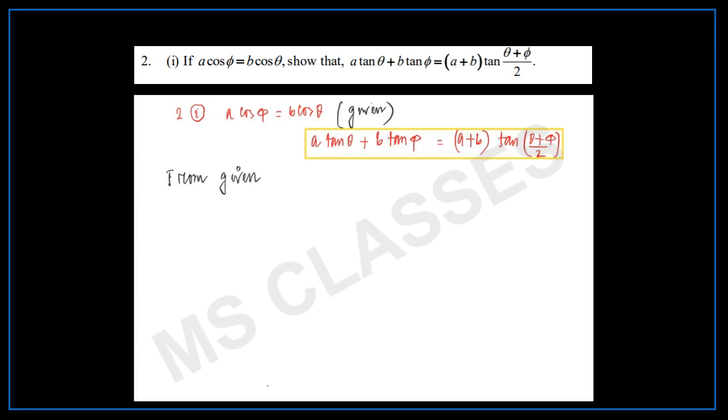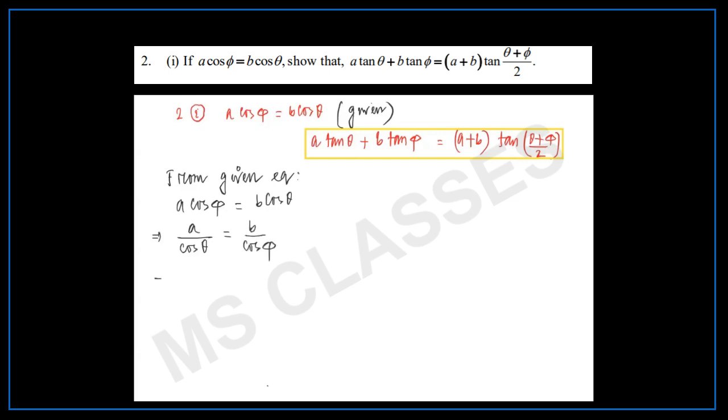From the given equation, what we have? A cos phi equals B cos theta, which can be written as A by cos theta equals B by cos phi.